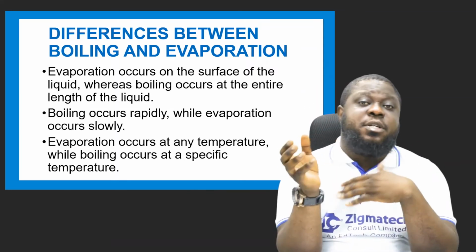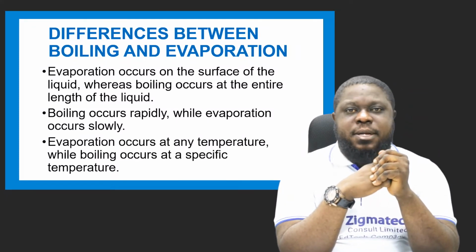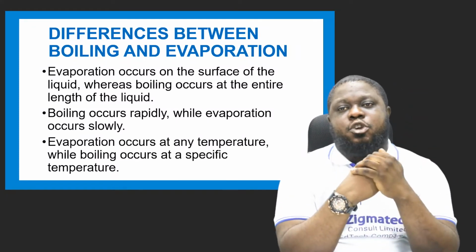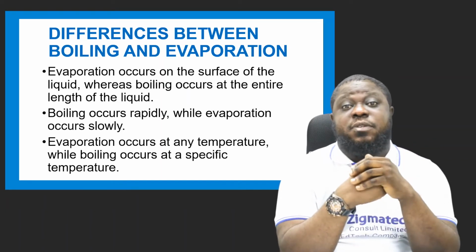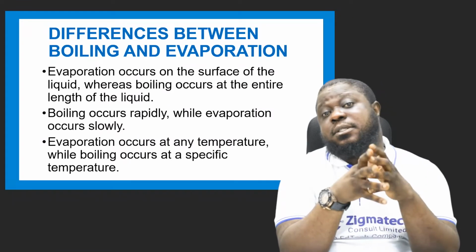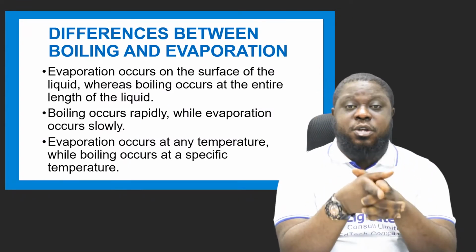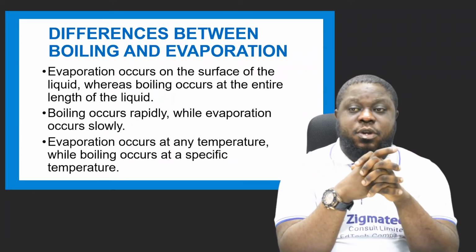I told you to just open your deep freezer and the first thing you see is vapor. Meanwhile, that freezing point is 0 degrees centigrade, and evaporation occurred because of that vapor. So it occurs at all temperatures.